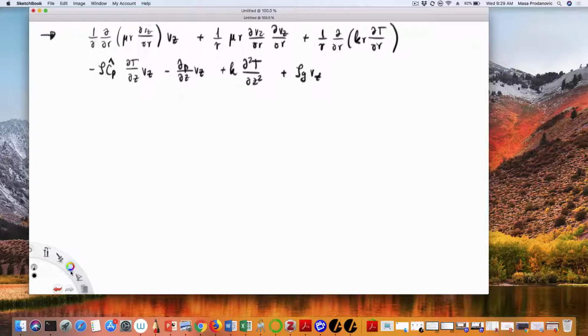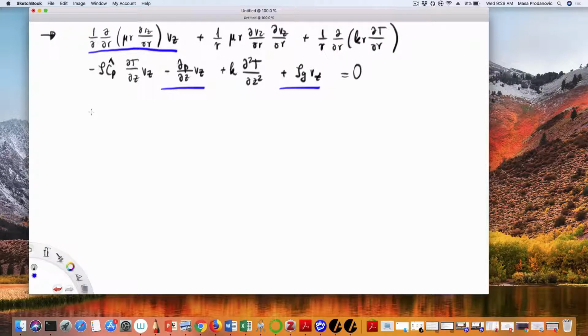so this is the Vz part I'm looking for. Oh, all of this is equal to 0.